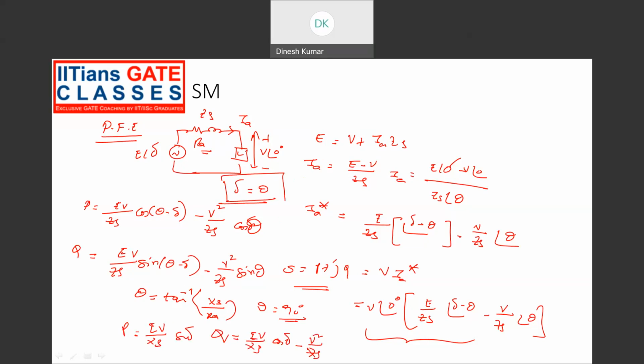This expression you can obtain by differentiating power with respect to delta and equating to 0. This is for a cylindrical rotor machine.